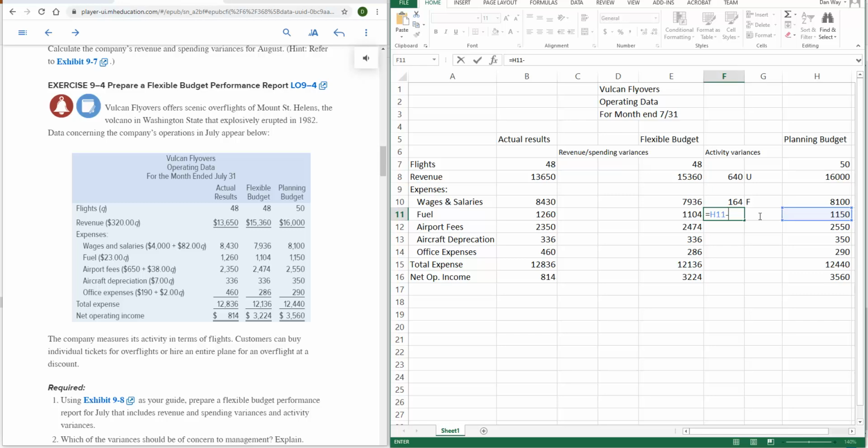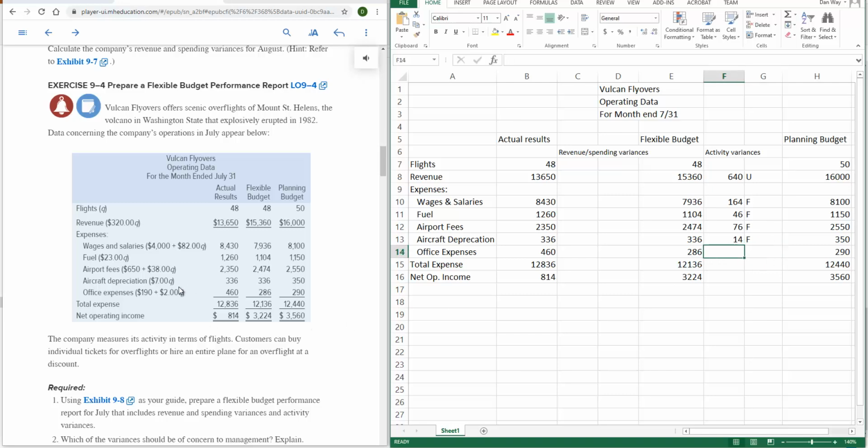Same idea for our remaining costs. Fuel, $46, favorable. Airport fees, since that changes some with volume, $76, favorable. Depreciation, again, that varies with volume, so $14 variance is favorable.